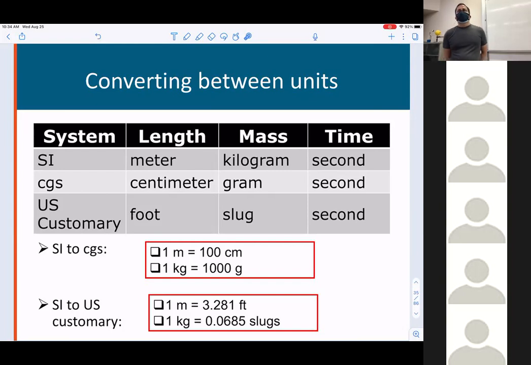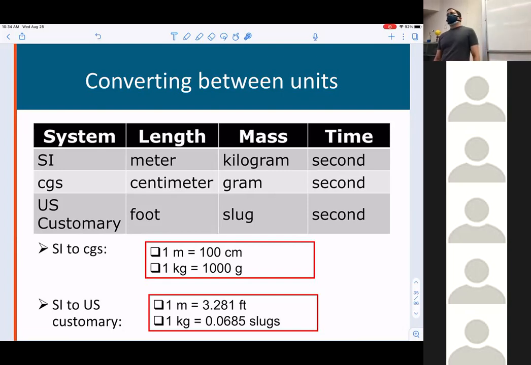If 1 kilogram is even 1 slug, then that means it's going to be multiple kilograms to be 1 slug. That's a good logic, right? If 1 kilogram is just 0.0685 slugs, then one slug will be many kilograms. So yeah, that's right. So a slug is bigger.